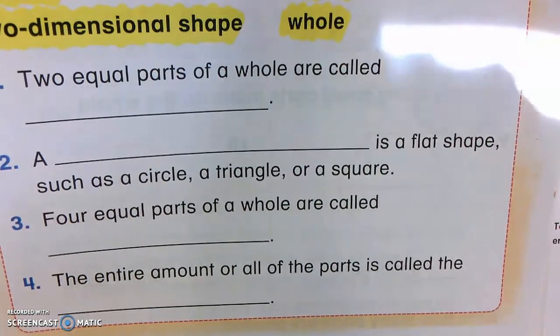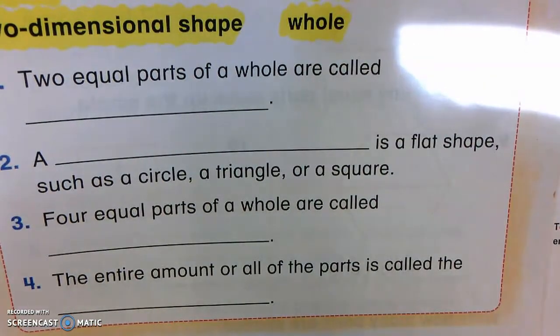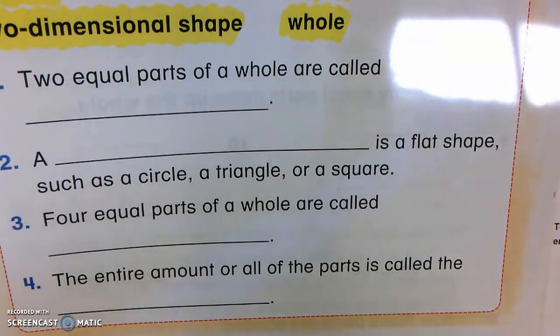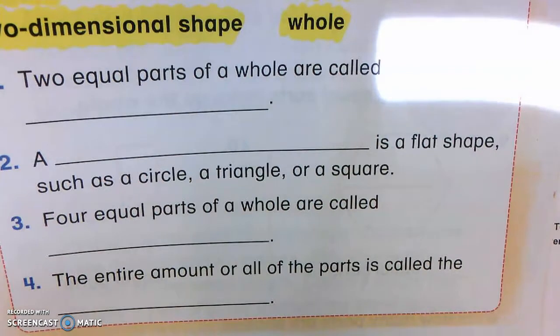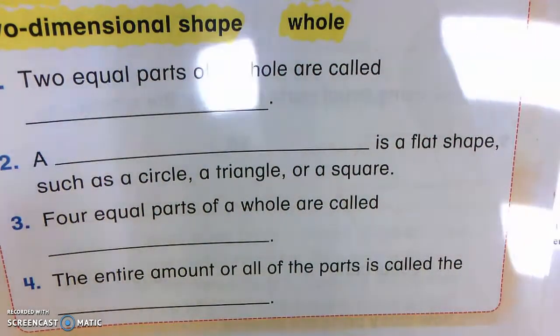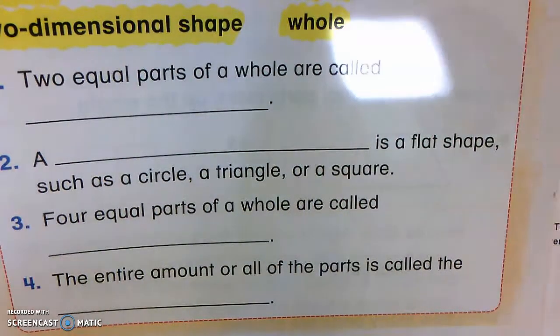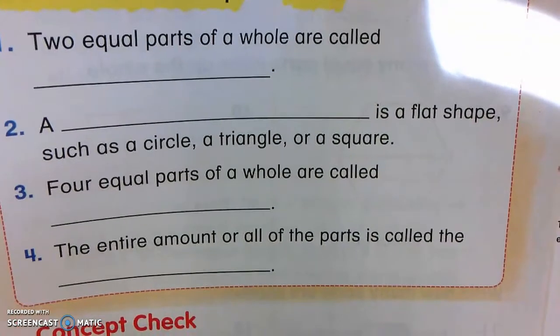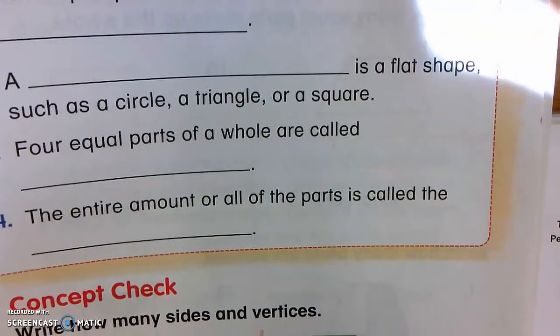Okay, number 3, 4 equal parts of a whole are called. Fourths, two-dimensional shape, halves, or whole. Okay, number 4, the entire amount or all parts is called the.